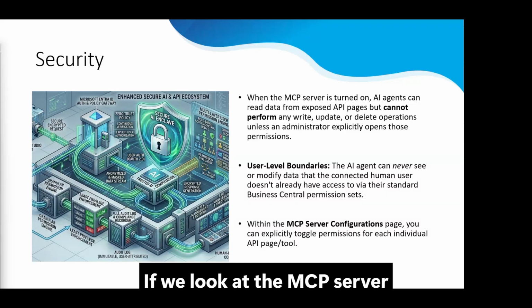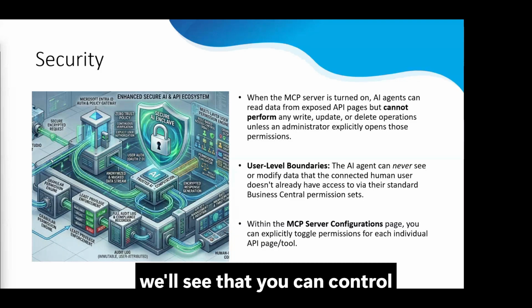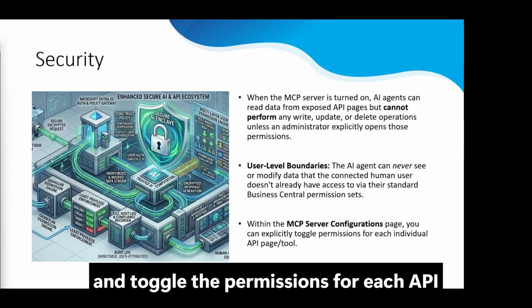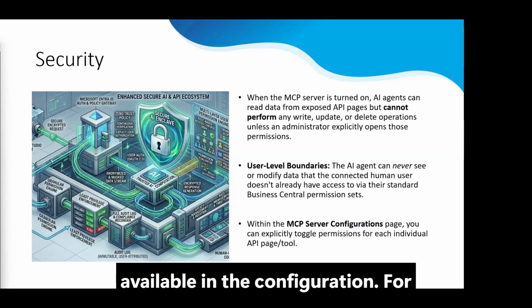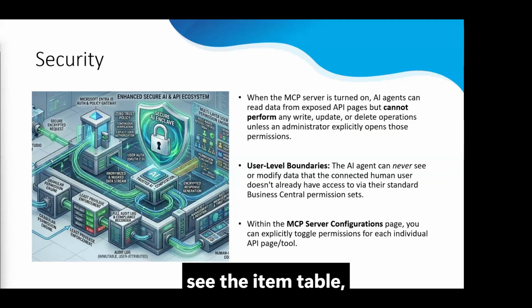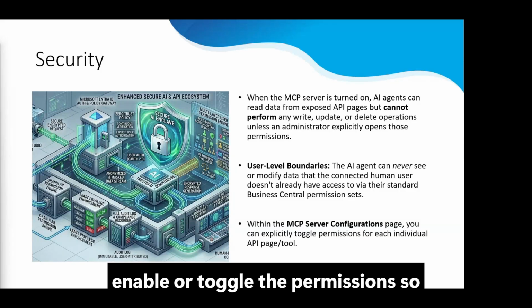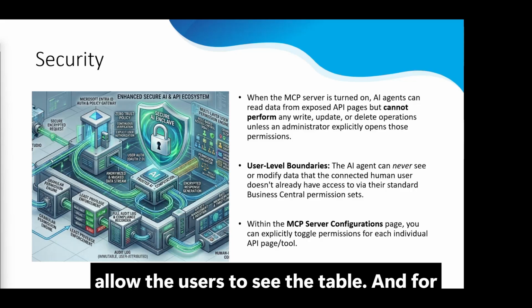If we look at the MCP server configuration security, we'll see that you can control and toggle the permissions for each API page or tool that's available in the configuration. For example, if you want to use it to only see the item table, you can enable the permissions so that the MCP server configuration allows users to see the table.